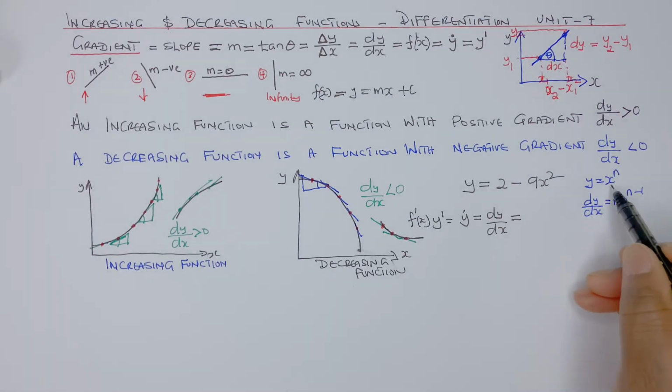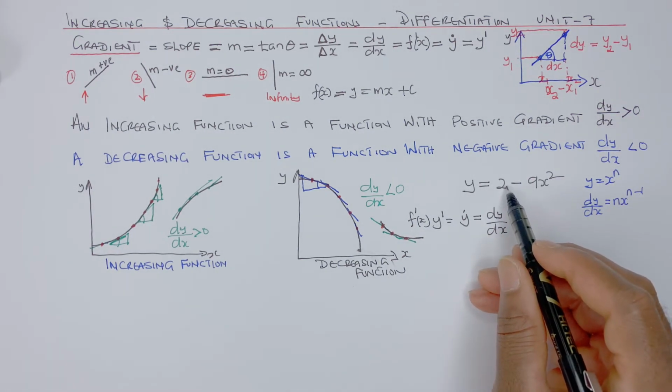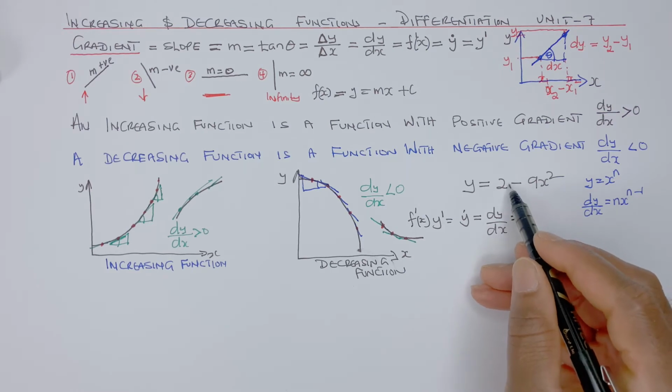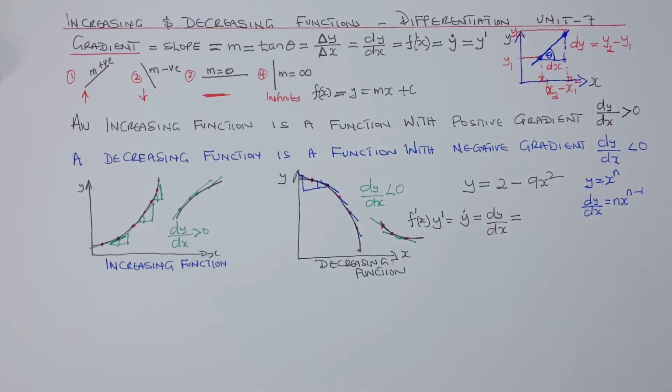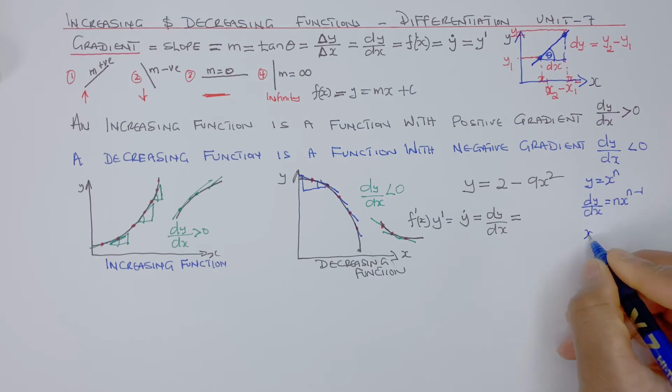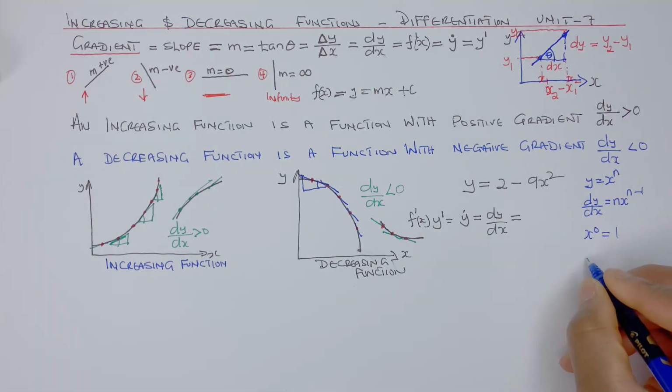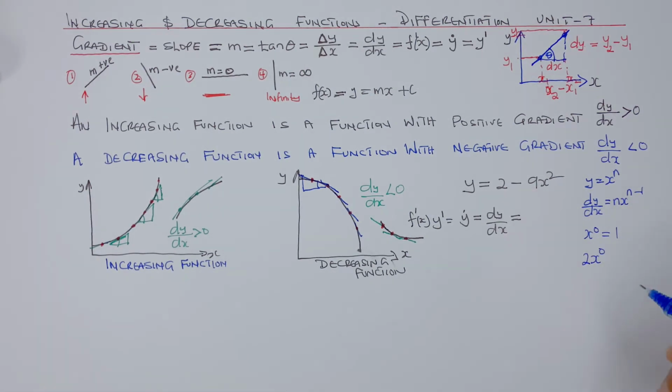Has to be in that format, x to the power of n. Now, 2 is 2 times x to the power of 0, because x to the power of 0 equals 1. So even though it's the constant 2, we can use that to differentiate.